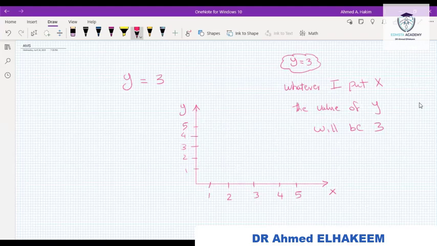How can I draw y equals 3? When x is 0, it will be 3. When x equals 1, it will be 3. When x equals 2, it will be 3. When x equals 3, it will be 3. So it will be like this, right? Yeah.